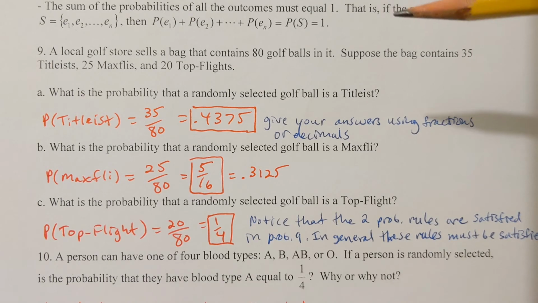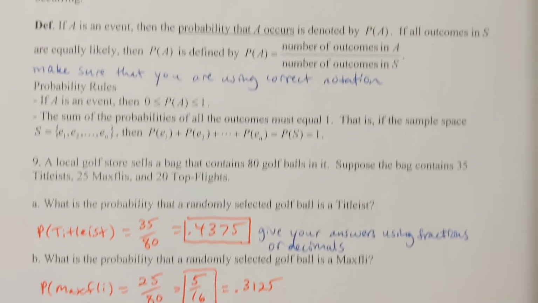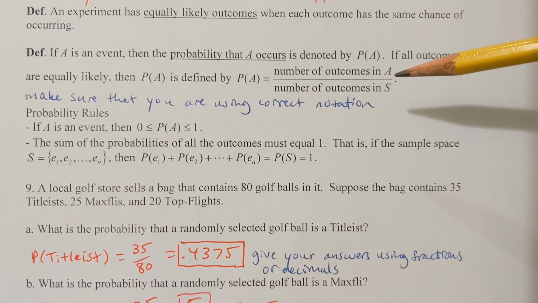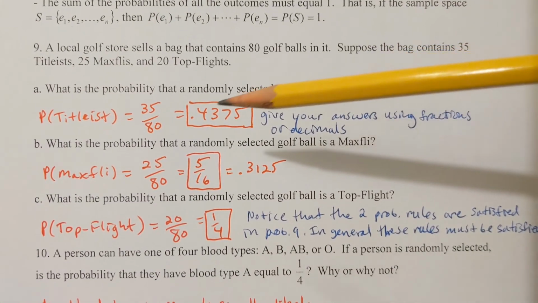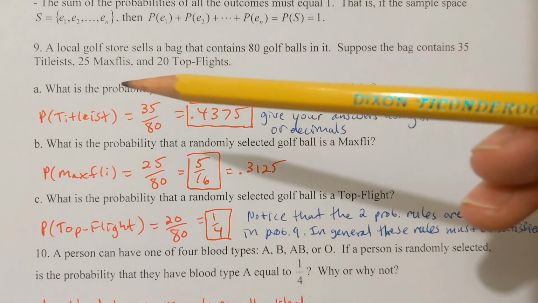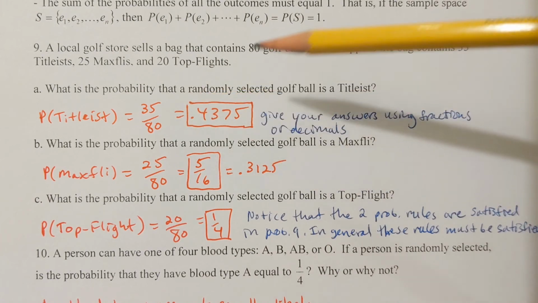Well, according to the rule here, I need to take the number of outcomes in the event divided by the number of outcomes in the sample space. So there's 35 golf balls in the bag that are Titleist brand golf balls, and there are 80 total.